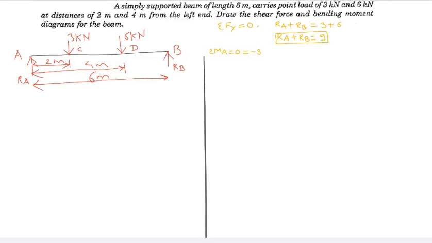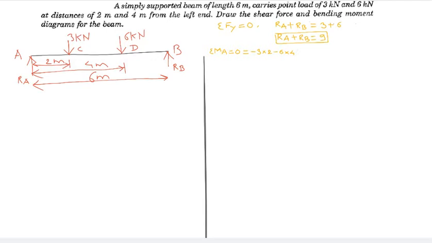So 3 kilonewton force is going in a downward direction, so its moment will also be negative. So minus 3 multiplied by distance, distance is 2 meter from A. Then the next force is 6 kilonewton, again going in a downward direction, so minus 6 multiplied by distance, between that 6 kilonewton force and point A is 4 meters, so 6 multiplied by 4.